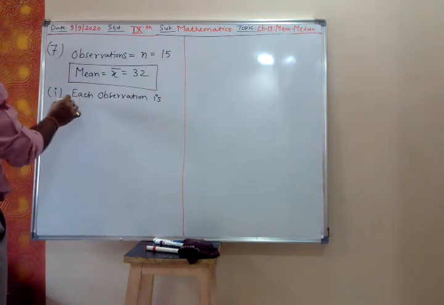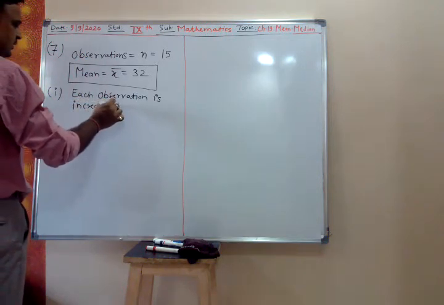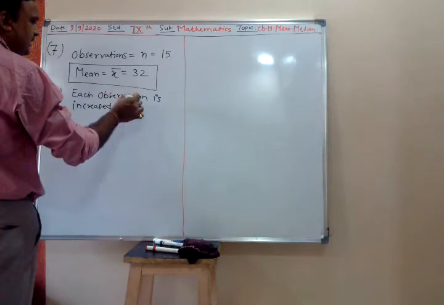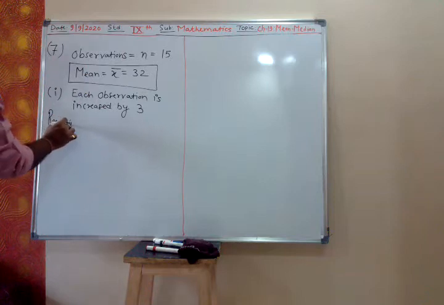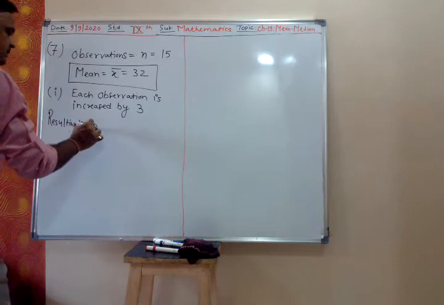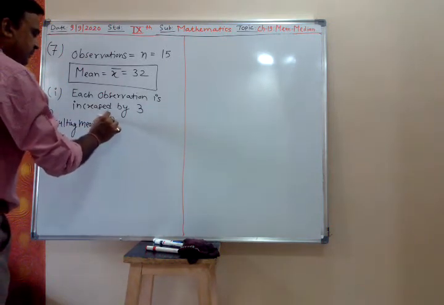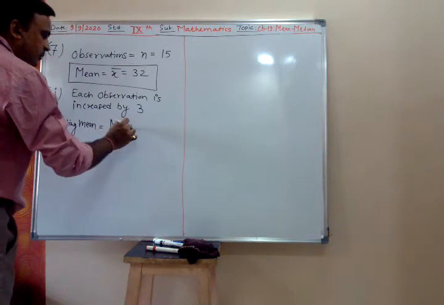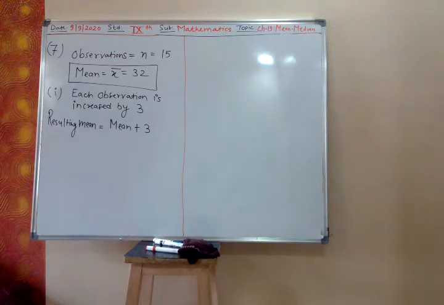Each observation is increased by 3 means each value of x is increased by 3. Then what is the resulting mean? So we write the resulting mean. I will not write x bar. So the resulting mean will be mean plus 3, because each value of x we are increasing by 3.